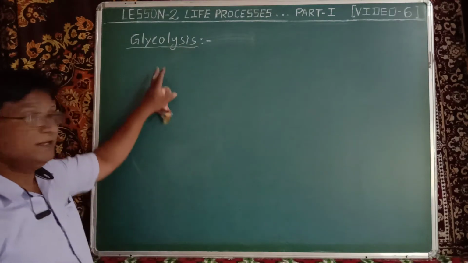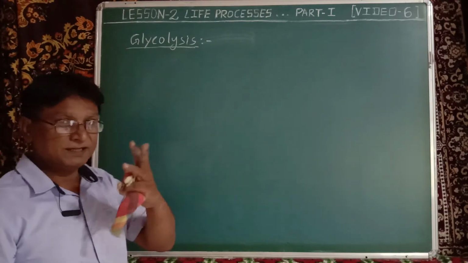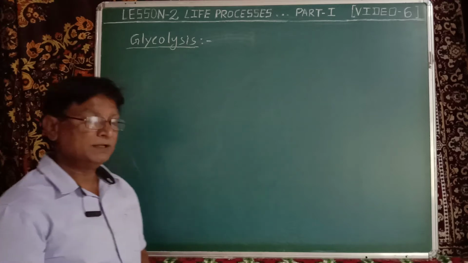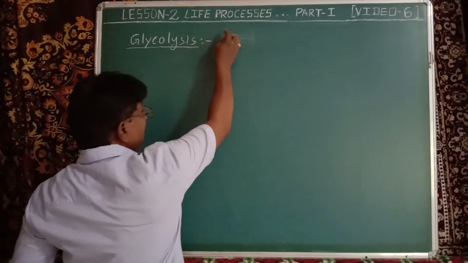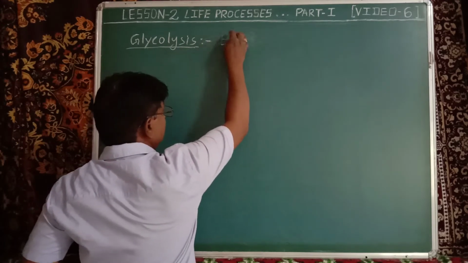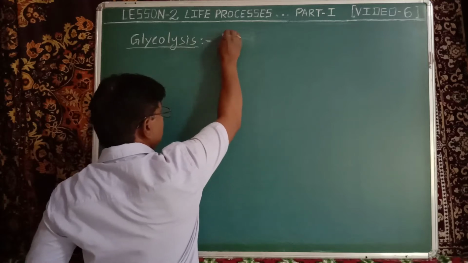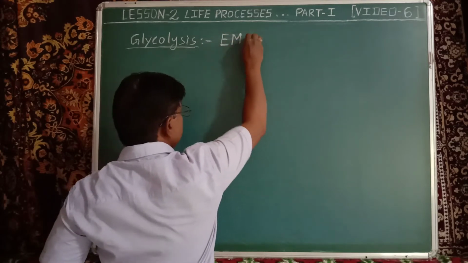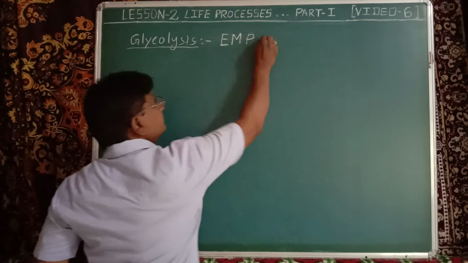Glycolysis was discovered by 3 scientists and their co-workers. Hence it is called the EMP pathway.